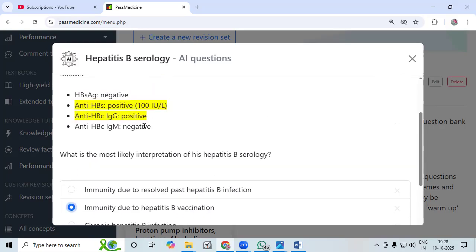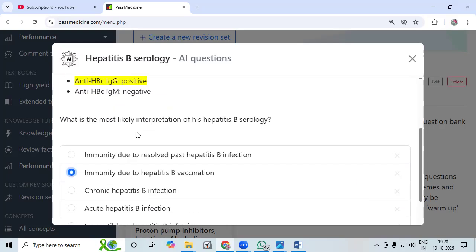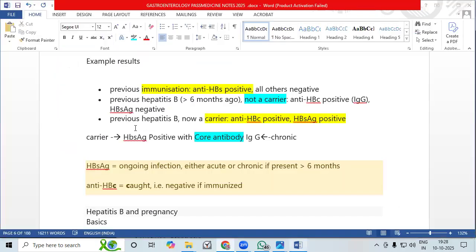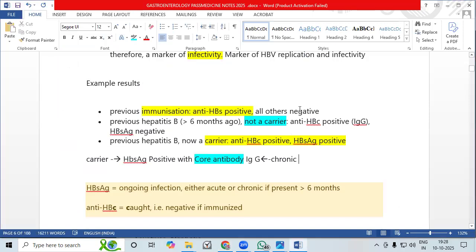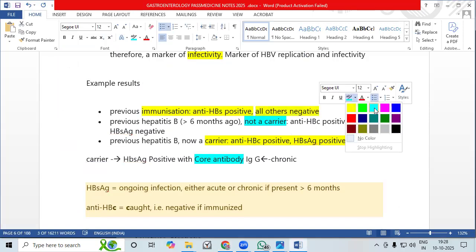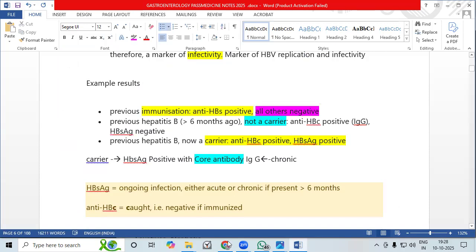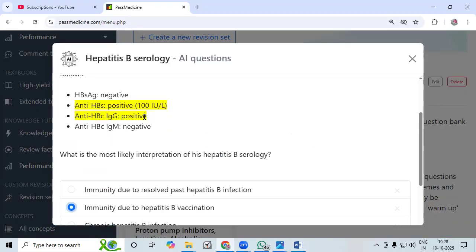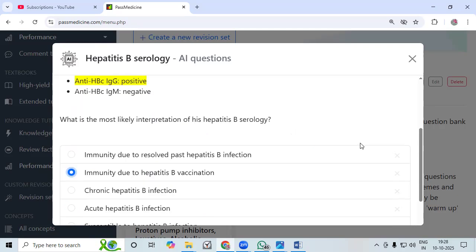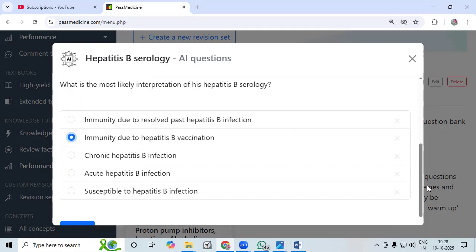In vaccination, we discussed that all the others are negative. That means the core antibody also should be negative. But the core is positive. So if the core is positive, then it is going towards chronic hepatitis B infection.